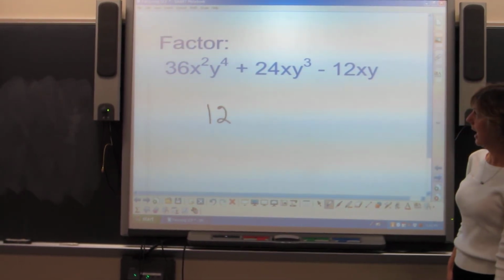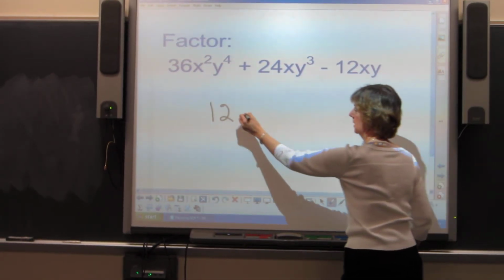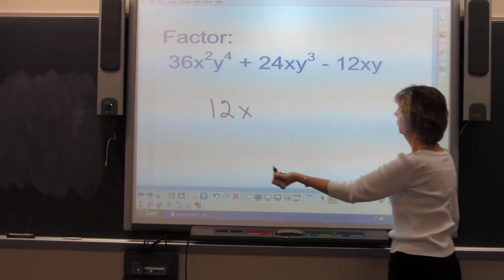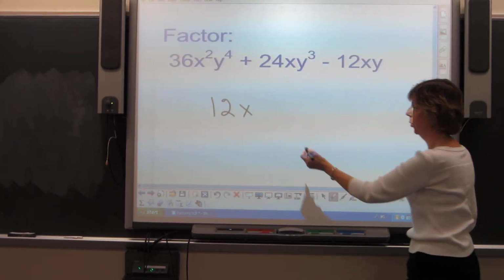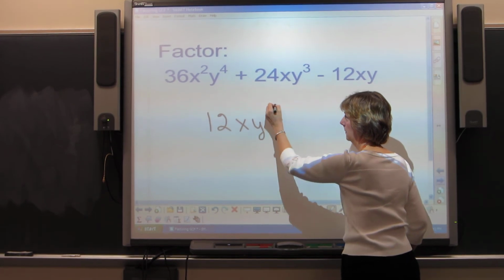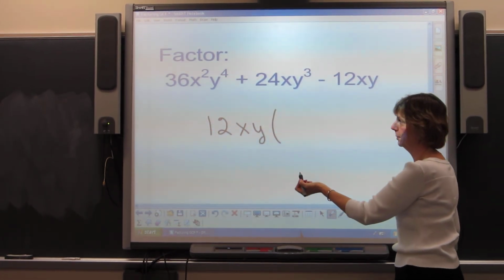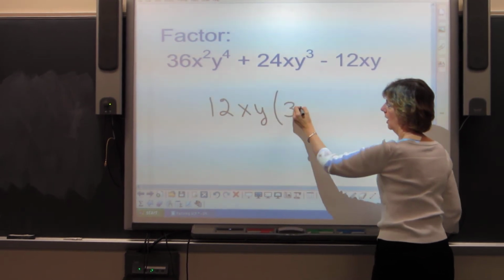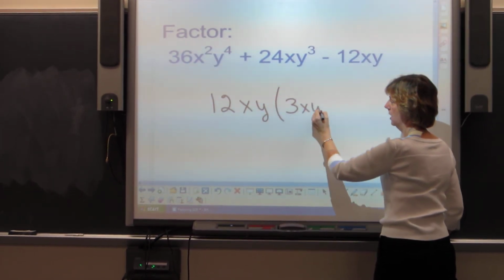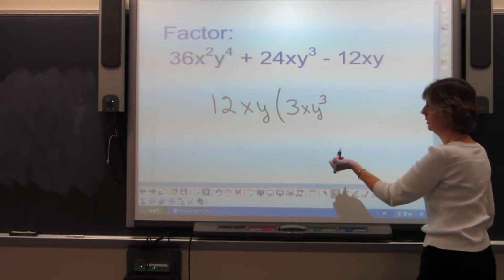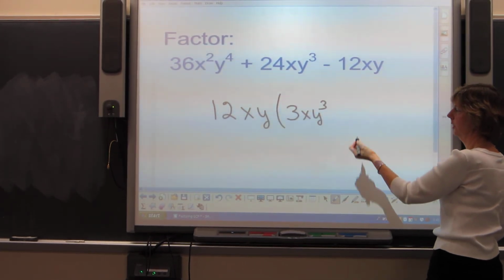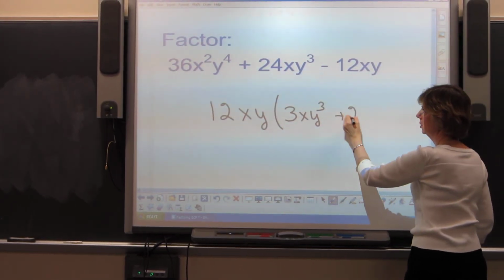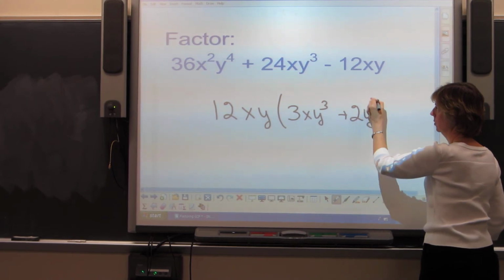The x's have one factor of x in common. Y to the fourth, y to the third, and y have one factor of y in common. What would I multiply 12 by to get 36? 3xy cubed would give me my 36x squared y to the fourth, plus 2y squared.